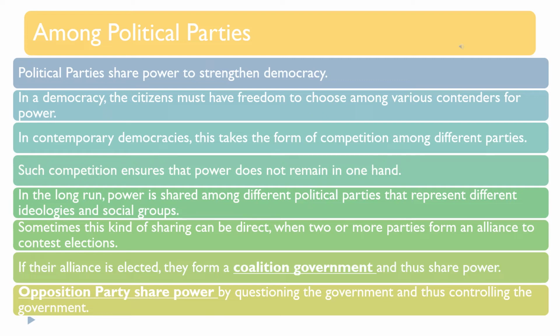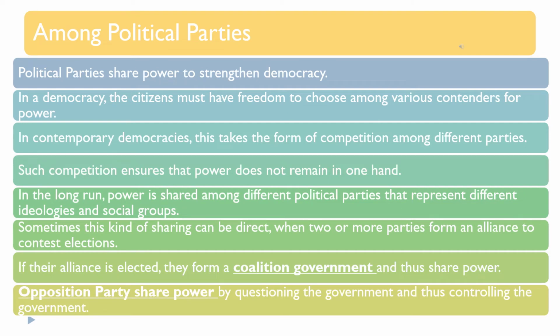Other than this, the political parties who fail to form the government, their role is also very important. What they do, they control the government. They control the government by asking questions.